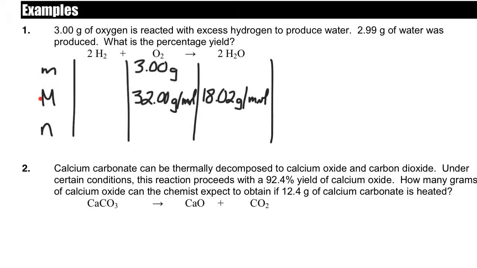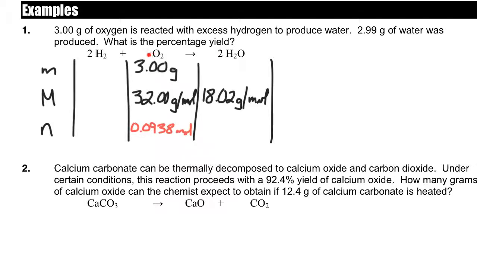I start by setting up my stoichiometry grid: mass, molar mass, number of moles, and fill in the values that I know. I know I'm starting with 3 grams of oxygen, so I'm going to use stoichiometry to figure out how many grams of water I'm expecting to produce. First step, find the number of moles of oxygen that you're reacting. Mass divided by molar mass gets me 0.0938 moles. Now I look at my ratio. The coefficients are 1 in front of the oxygen, 2 in front of the water.